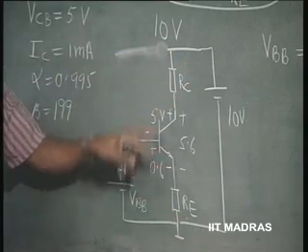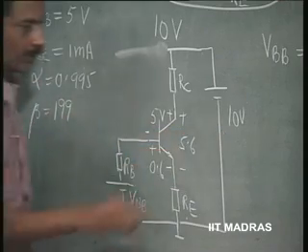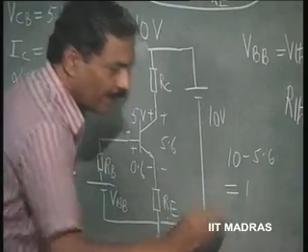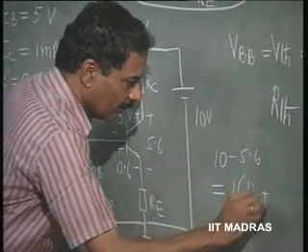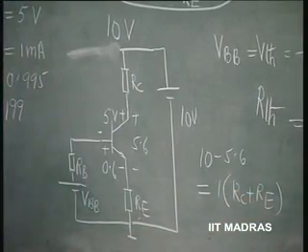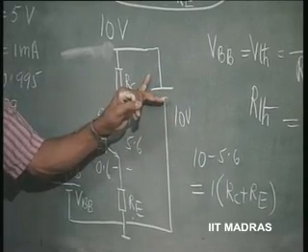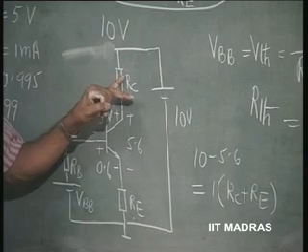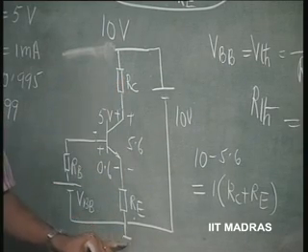So, what is the effective drop in RC and RE? 10 minus 5.6 is equal to 1 milliampere into RC plus RE, assuming that IC is equal to IE. So, in this loop, if you write down the Kirchhoff's equation, 10 minus 5.6 is equal to IC, which is equal to IE, let us say, into RC plus RE.